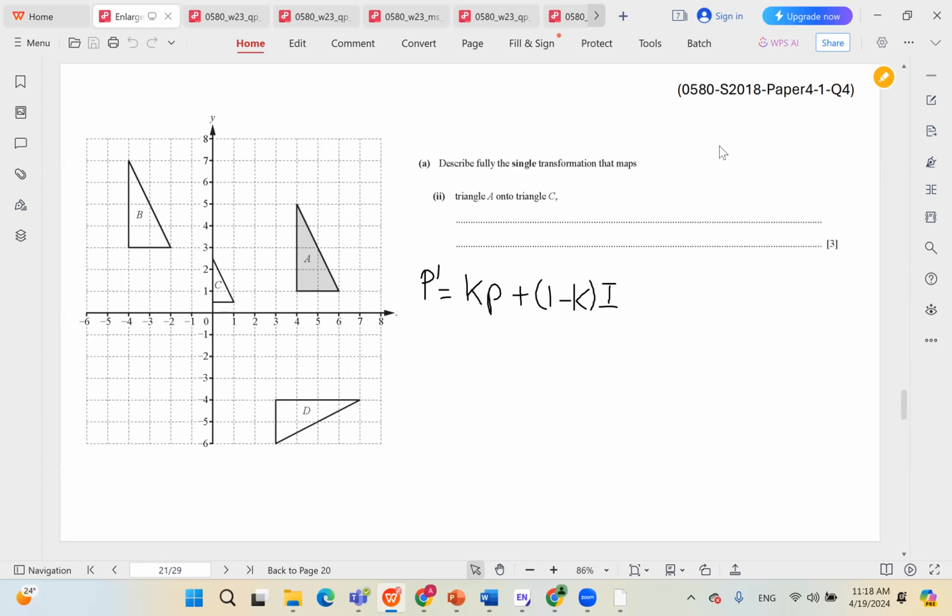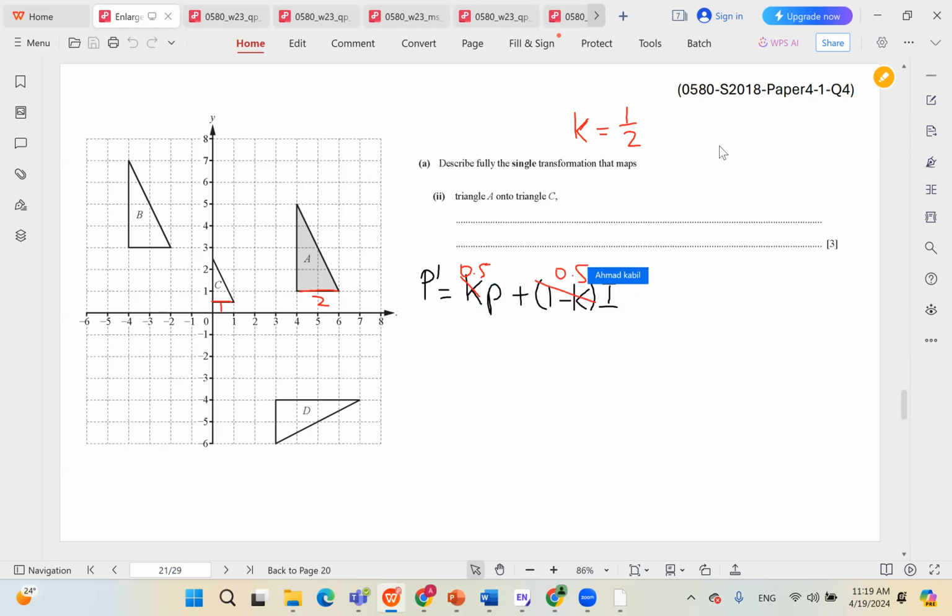So K is positive, and this length here is 1, and this length here is 2. We're going from A to C, so it's C over A in a sense. So K will basically be 1 over 2. The shape is getting smaller, so expect K to be less than 1. So this here is 0.5, and 1 minus K as well will be 0.5.